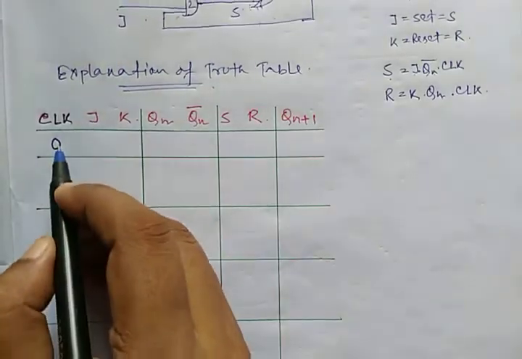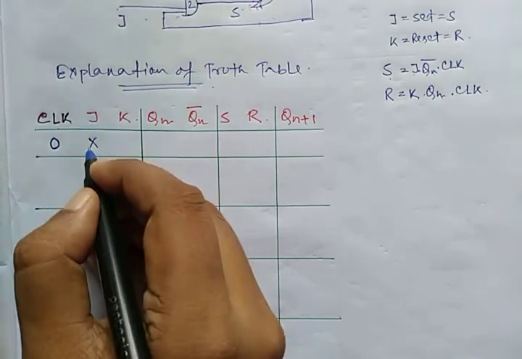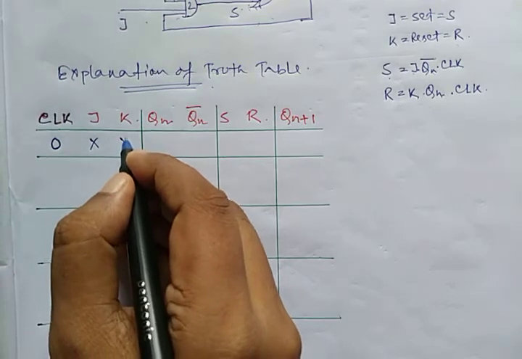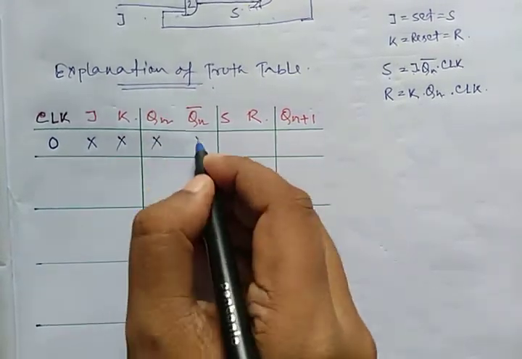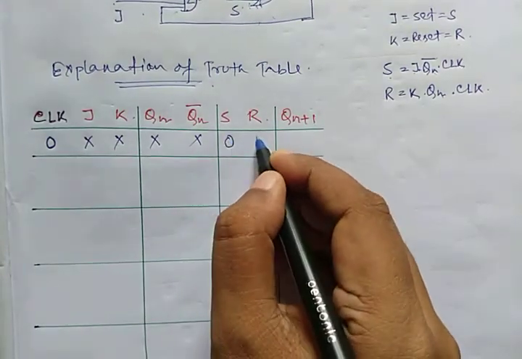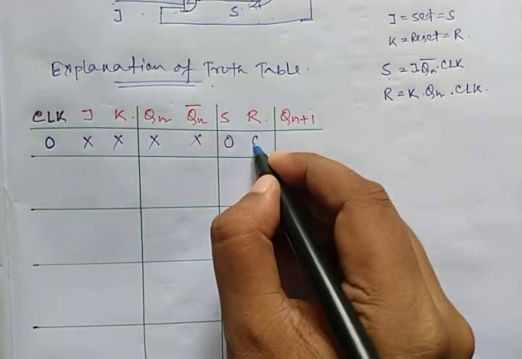So we can write, as clock is 0, whatever be the value of J, cross means J's value can be any value, K cross, Qn cross, whatever be its value, obviously S and R are also 0.